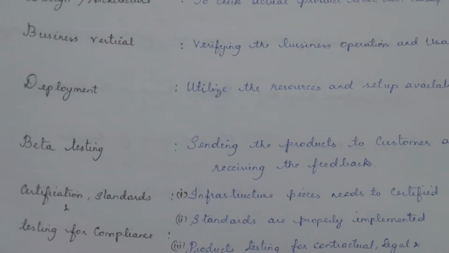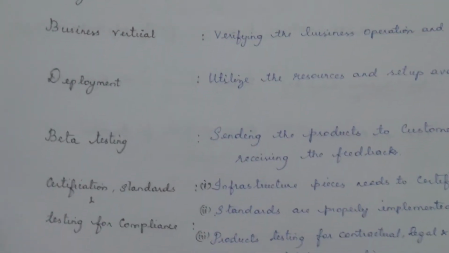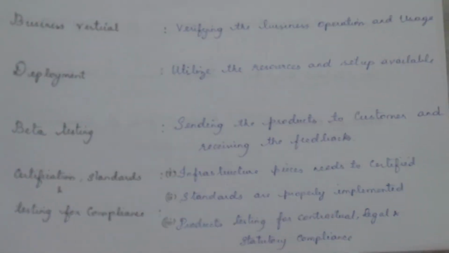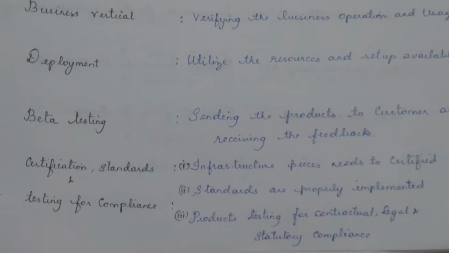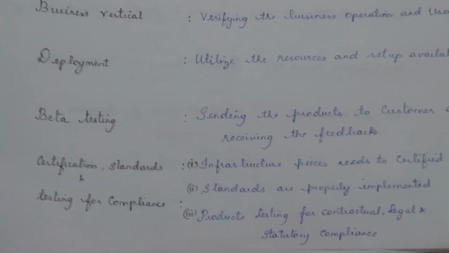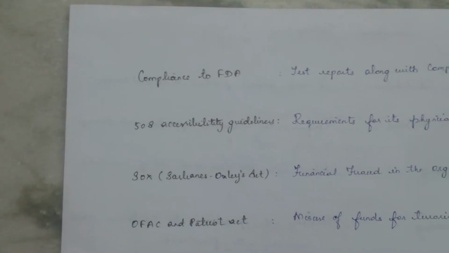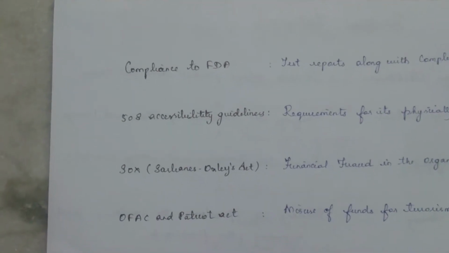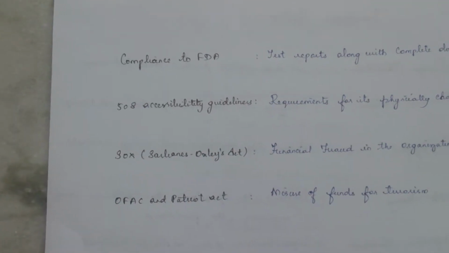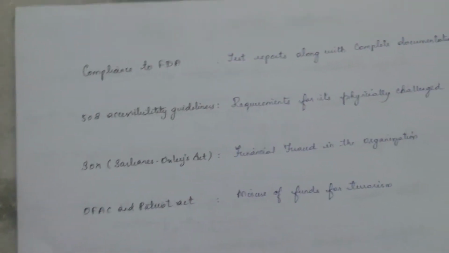Certification is where infrastructure pieces need to be certified. And then standards defines that standards are properly implemented, and testing for compliance is product testing for contractual, legal, and statutory compliance. The statutory compliance is known as compliance to FDA, 508 accessibility guidelines, SOX, OFAC, and Patriot Act.